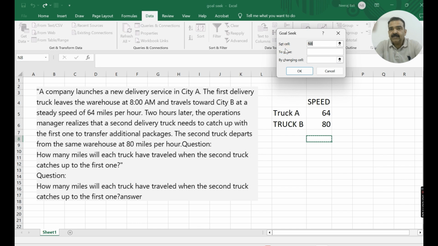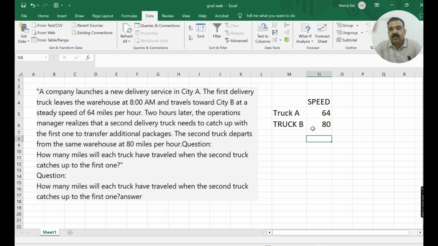So we need one cell, which is our target cell, and we have to set it to some value. Goal seek can be used to find the break-even point also, but today we are doing another example. And then by changing some cell. Goal seek takes three values. So let us first make a model and then we'll fill this.